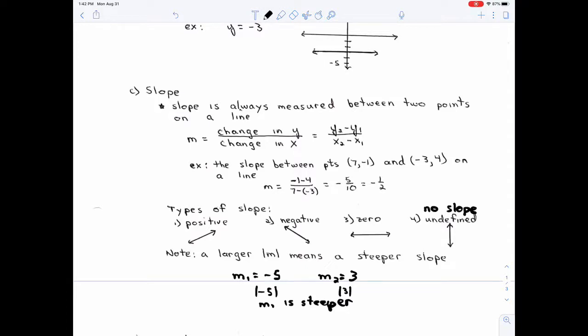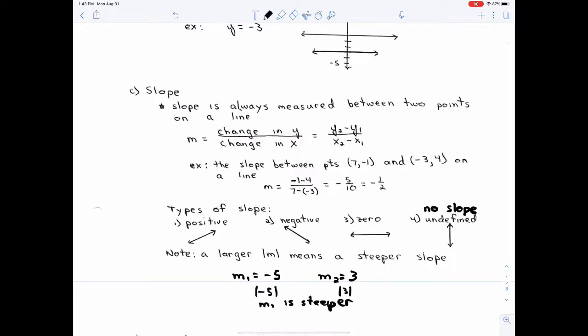So it's negative 4, because it's the first y minus the second y. Okay, notice the bottom, the x's. We have 7 minus the negative 3, which you can look at as like 7 plus 3. Well, why would it be plus 3? Because you're subtracting the negative 3. Okay? Now, if we go back and take a look.